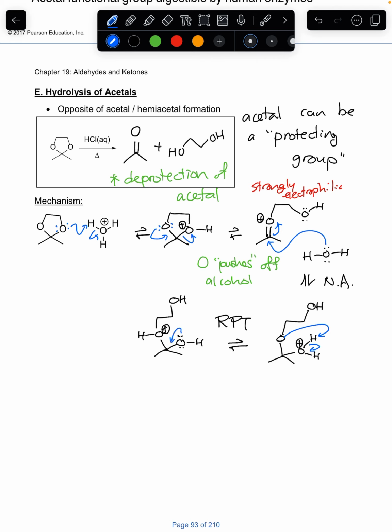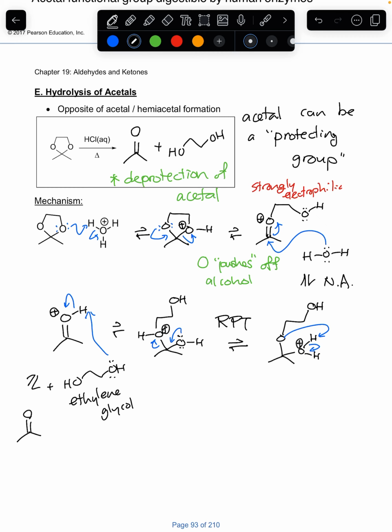If the oxygen next door pushes it off, that's sort of the hallmark of the acetal chemistry, because there are two oxygens on the same carbon, so pushing off a group like that can happen. Then now you have this, plus, by the way, this is ethylene glycol. It could pick up the proton to give you your neutral ketone back.